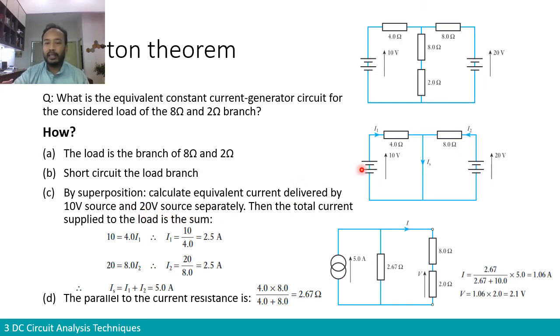In the superposition method, if you are considering these voltage sources, then the other voltage source is going to be neglected. It is therefore a short circuit, right? If it is a short circuit, then the current, instead of going through two resistors, will just come back through the short circuit.